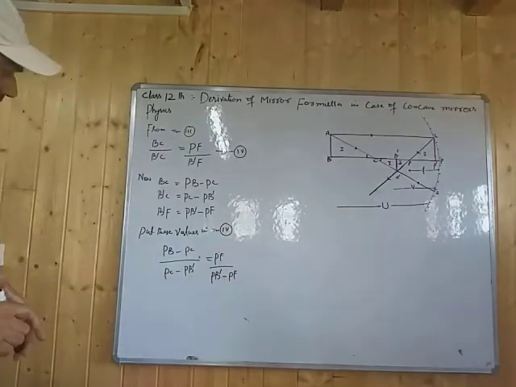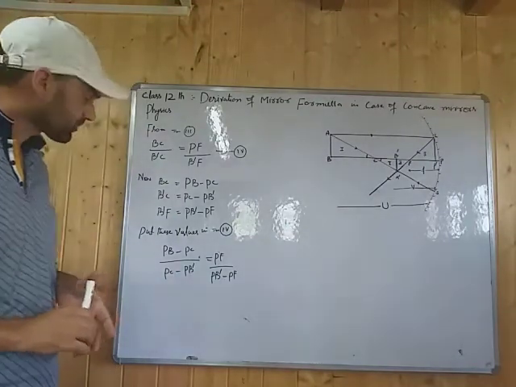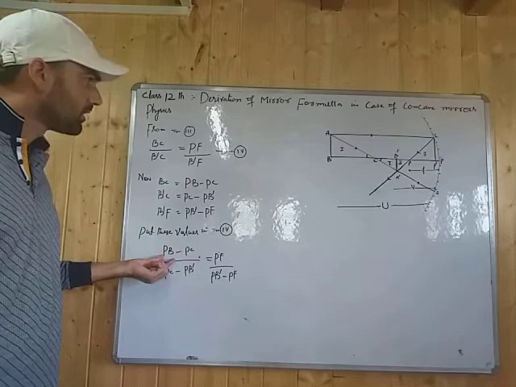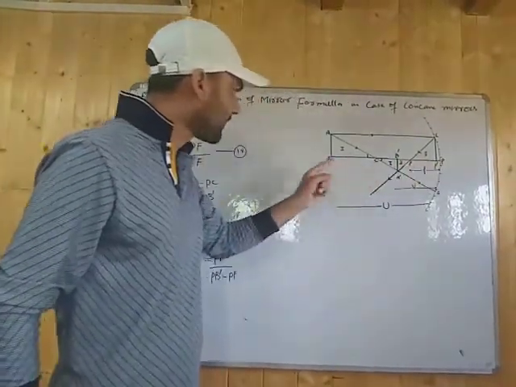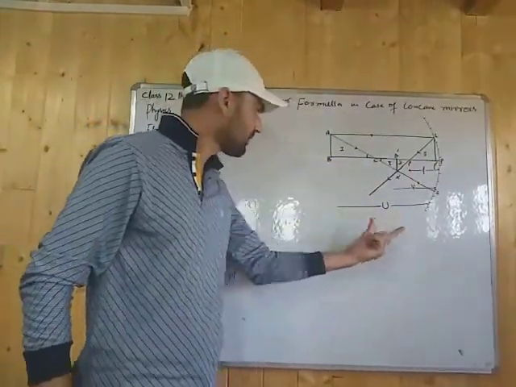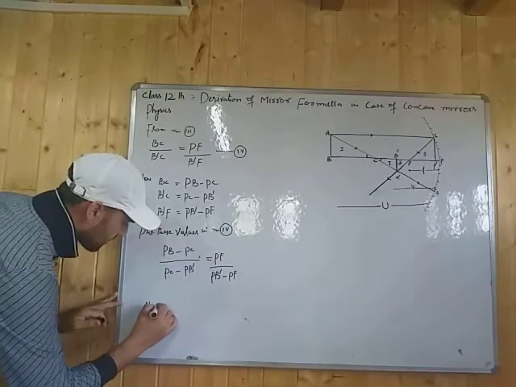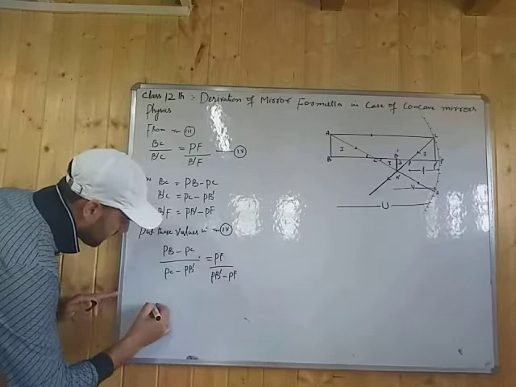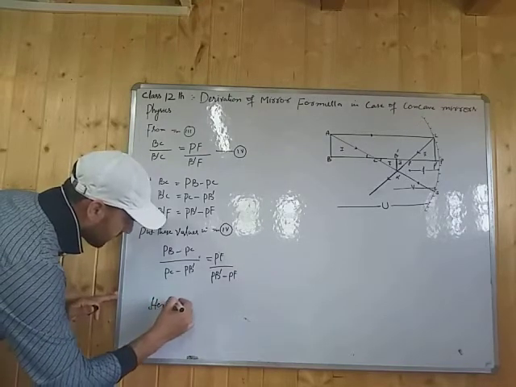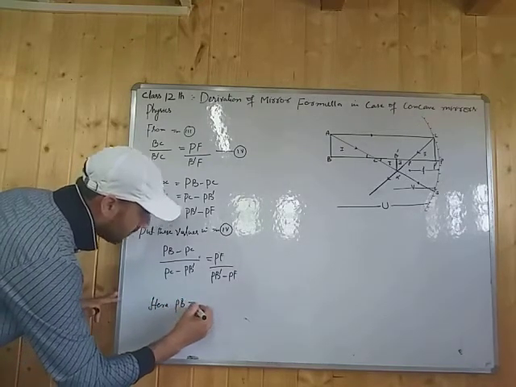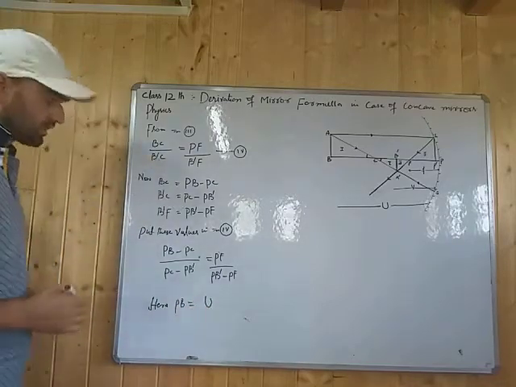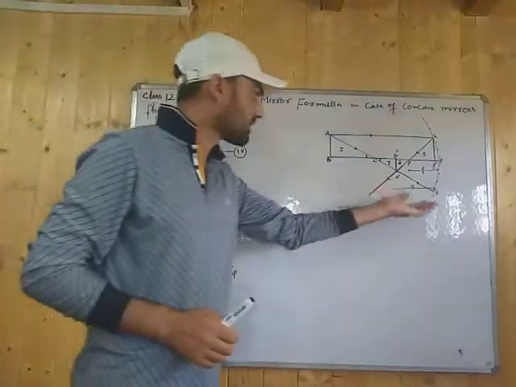Now here we'll see what is PB. PB from the pole to the object, that is known as the object distance. PB, that is the object distance, that's denoted by U, but it's on the left side.